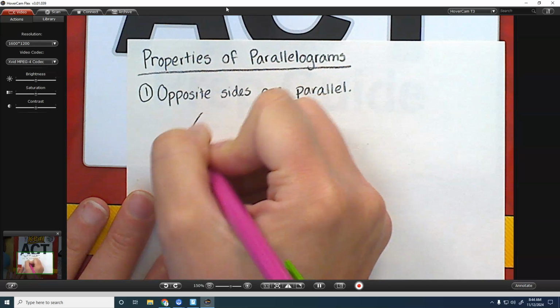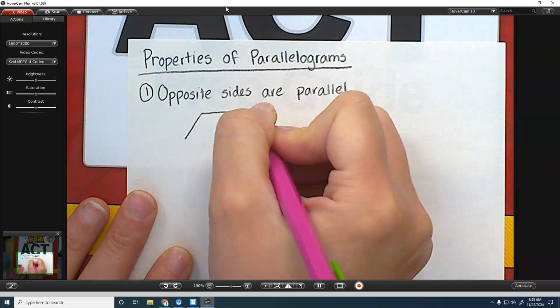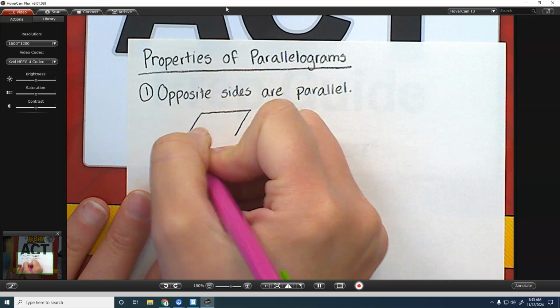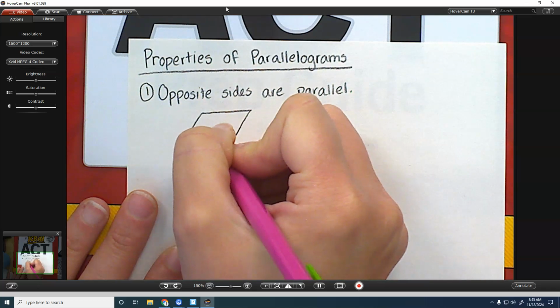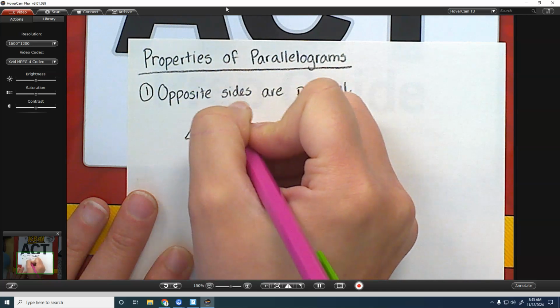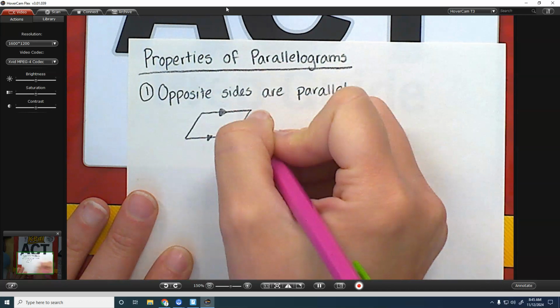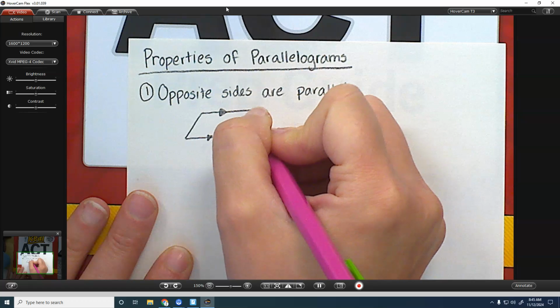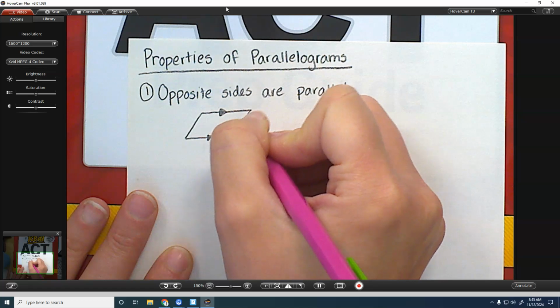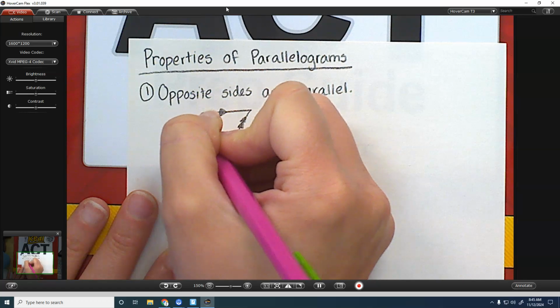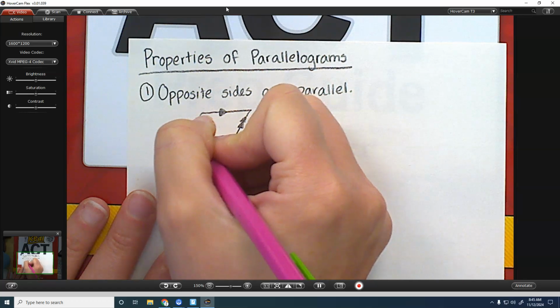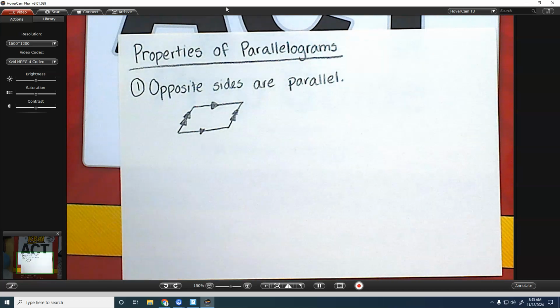And I'm going to draw a parallelogram, and I'm going to put little arrows here to show that those two sides are parallel. I'm going to do a double arrow right here and right here to show that those two are parallel.